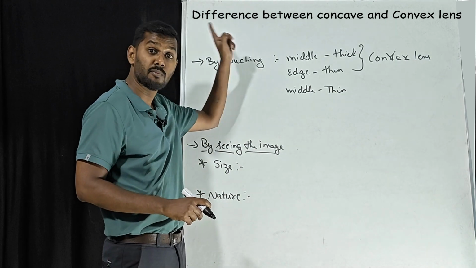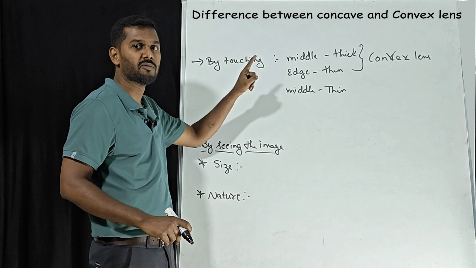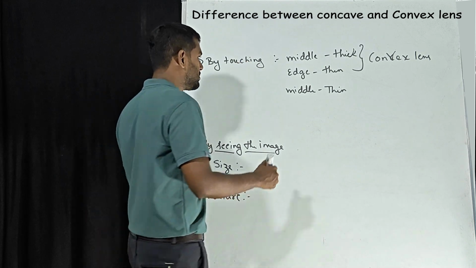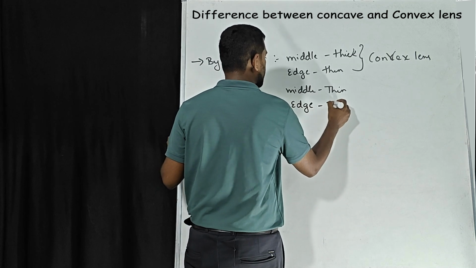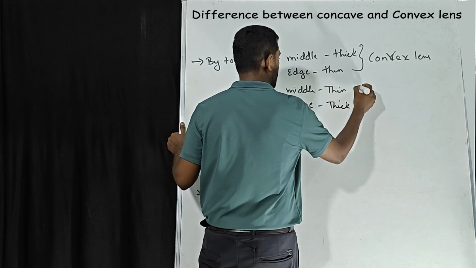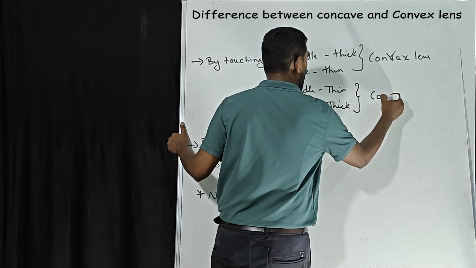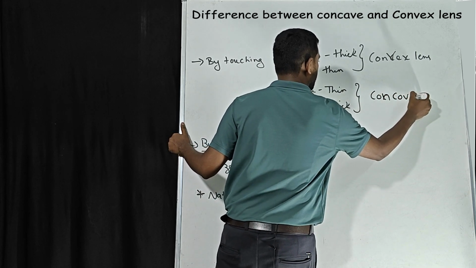This is what we learned in part A. Edge is nothing but periphery. We can use the word periphery also. If the middle is thin and the edge is thick, then it is concave.